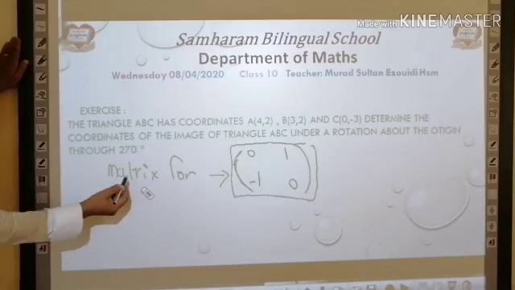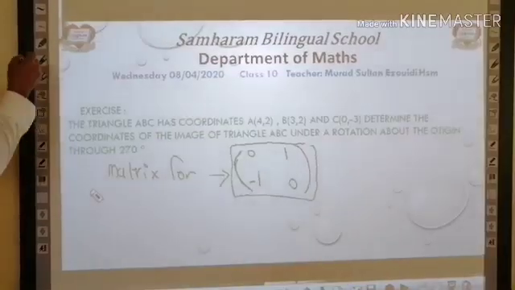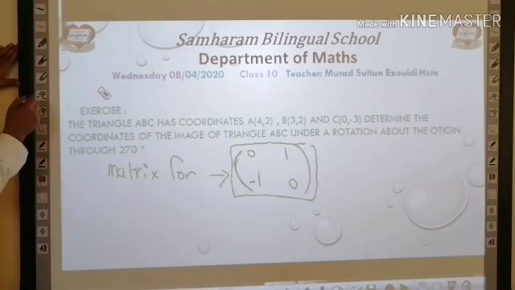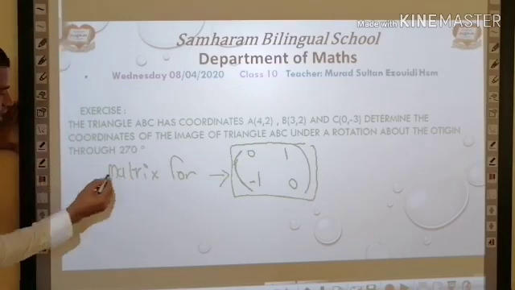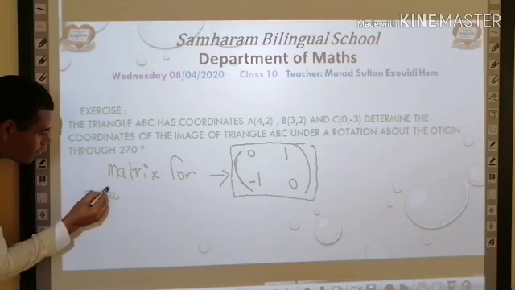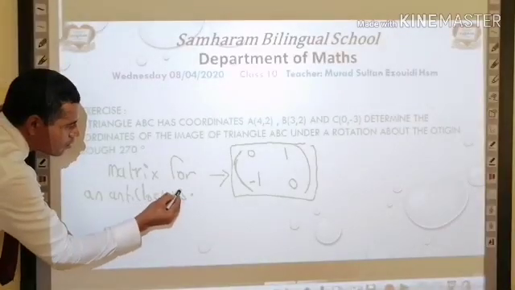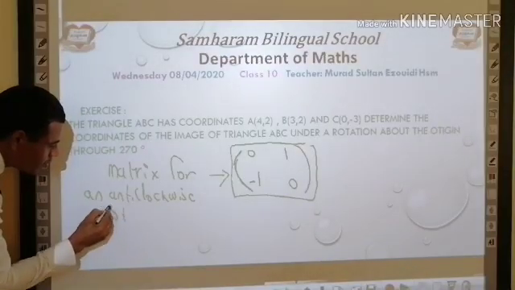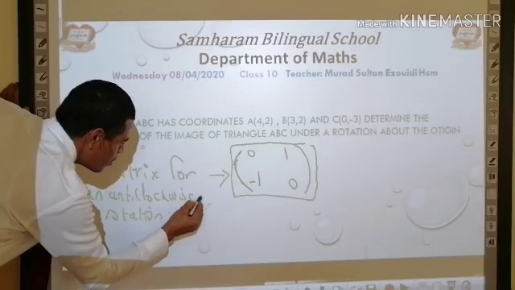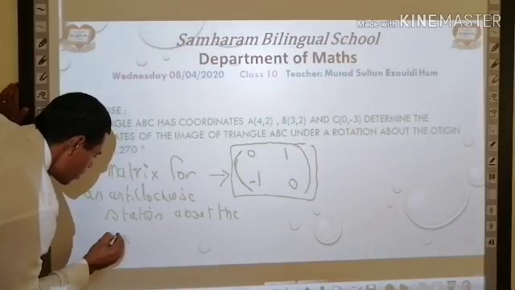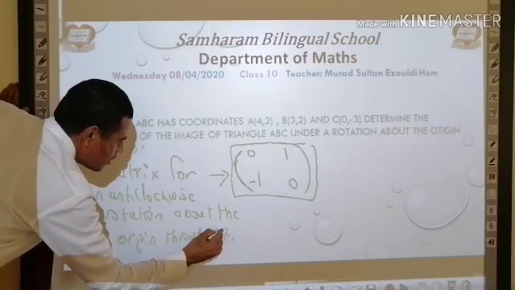Okay, we said the matrix for an anti-clockwise rotation about the origin through 270 degrees.